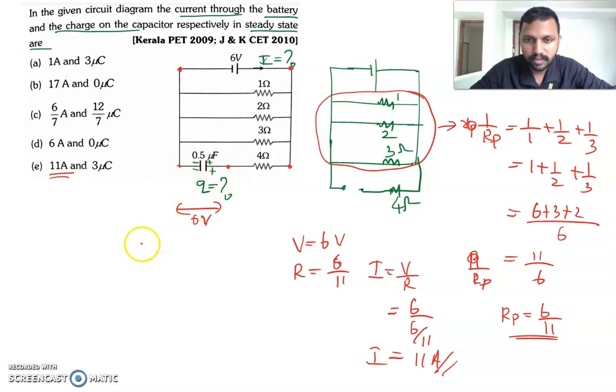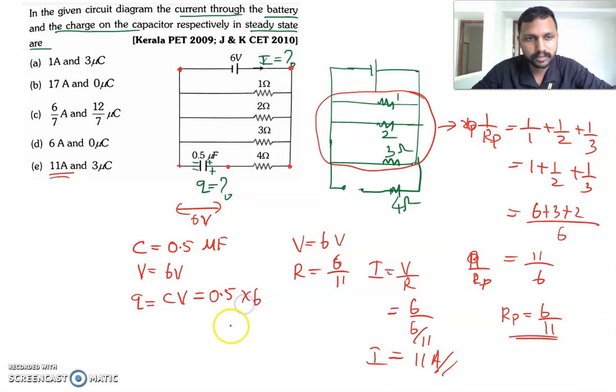Then we know C is 0.5 microfarad and V is 6 volt. Therefore Q is equal to CV, which is 0.5 into 6, that is 3 microcoulomb. This is our answer, 3 microcoulomb. Therefore this is our correct answer.